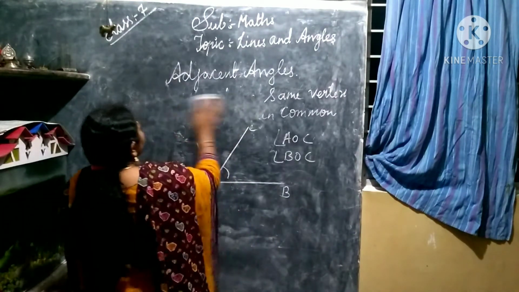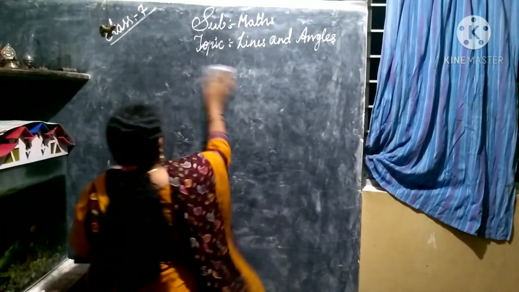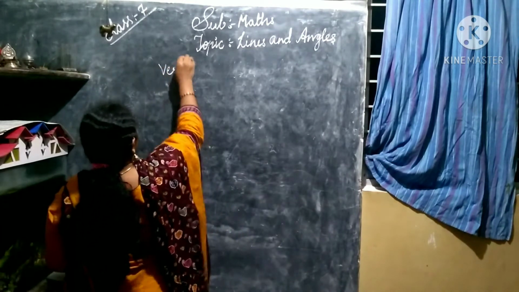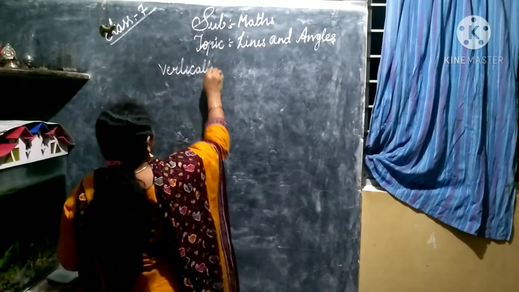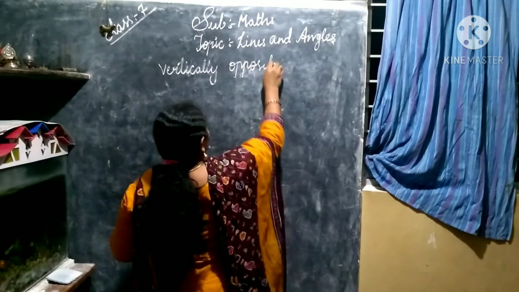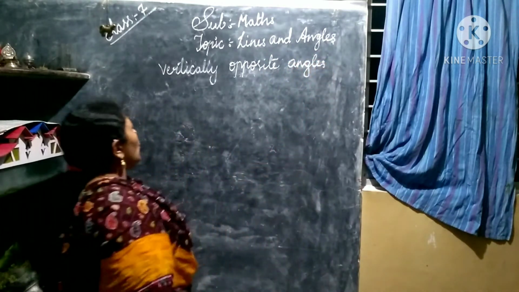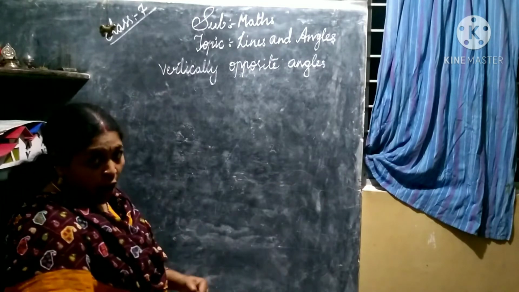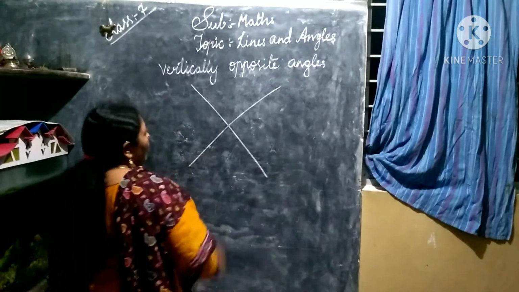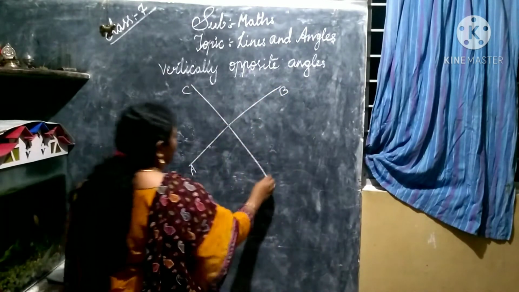The next one is vertically opposite angles. Vertically opposite angles are formed when two lines intersect each other. Let us take line AB and line CD.